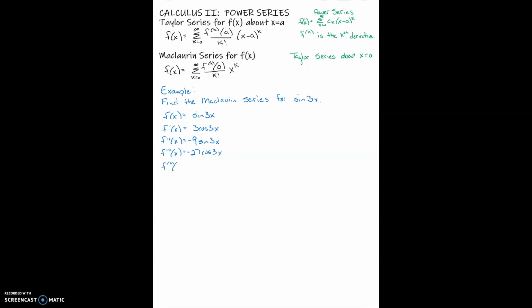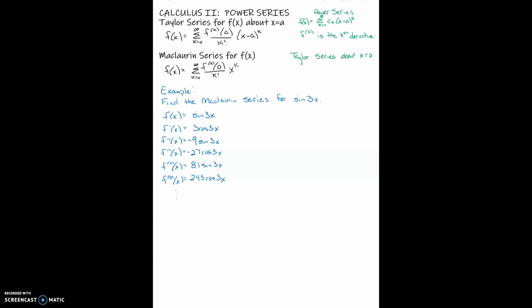The fourth derivative gets us back to a positive 81 sine of 3x. The fifth derivative is 243 cosine of 3x, and I think that's enough. That should be plenty for us to figure out what's going on here.